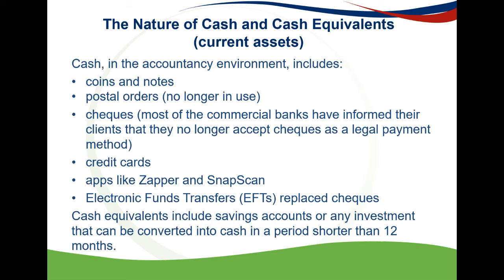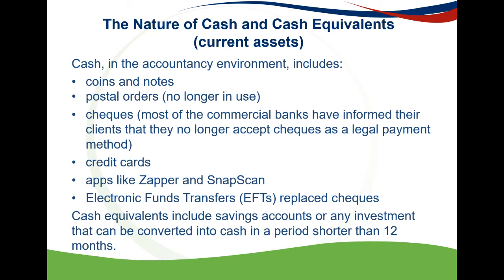There are the cash receipts journal for all cash received, and then the cash payments journal, which is used for all cash payments. And then you had your journals that you use for credit transactions, like your purchases journal and your purchases returns, your sales and your sales returns journal.